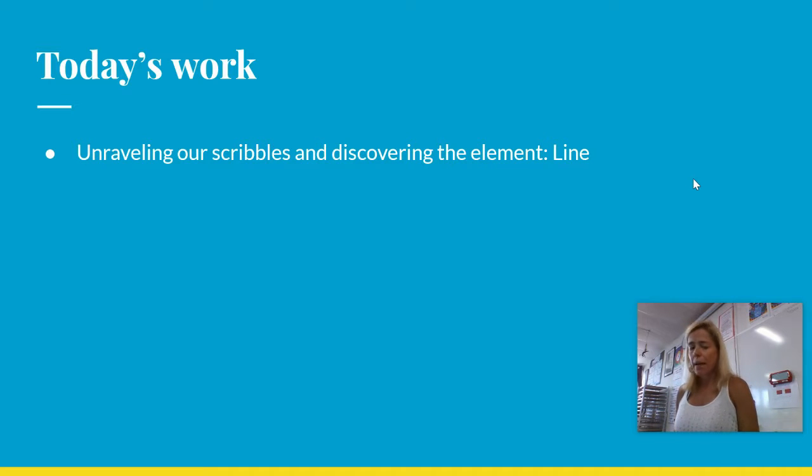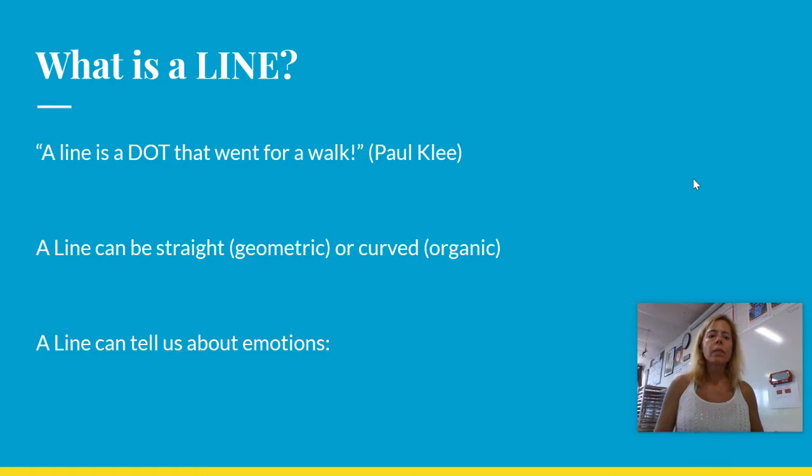So the number one thing we did today was we kept on working on the lines and scribbles. And we looked at the fact that when we unravel our scribbles, we discovered that we have a line. And a line is something very special in the art world because it's one of those elements that you cannot work without.